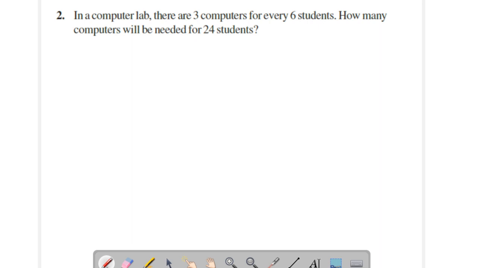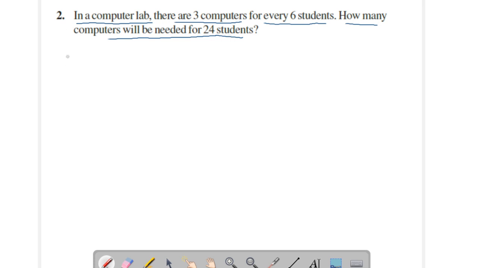Now come to question number 2. In a computer lab, there are 3 computers for every 6 students. How many computers will be needed for 24 students?